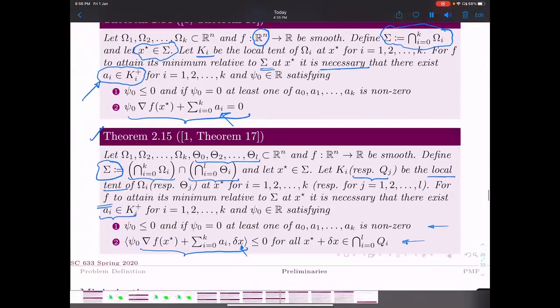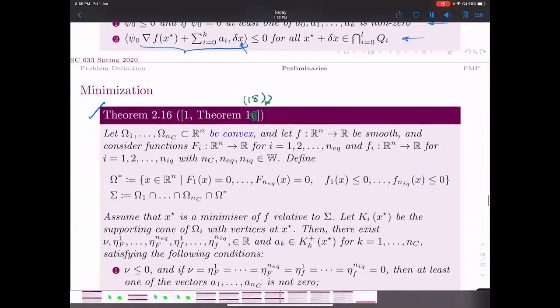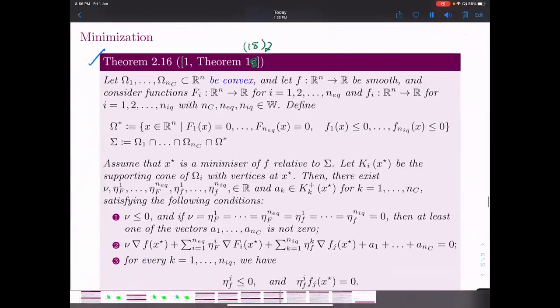Now going on from here to the final one, 2.16. So what do we have here? Here we explicitly introduce initially the convex sets, which you have the omegas, the equality constraints, the inequality constraints. So these are the equality constraints. These are the inequality constraints, right?